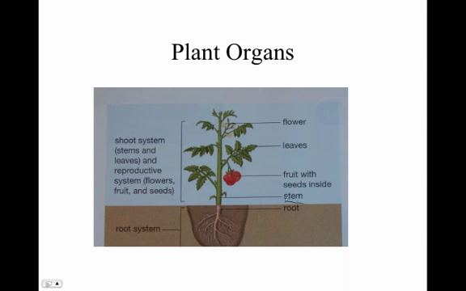And so we're going to look at how roots work, we're going to look at how the stem helps a plant, we're going to look at how leaves, and then, as I said before, later on in a further topic, we'll discuss how flowers and fruits and seeds help in reproduction.